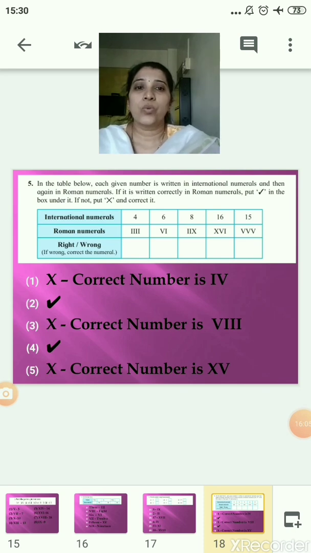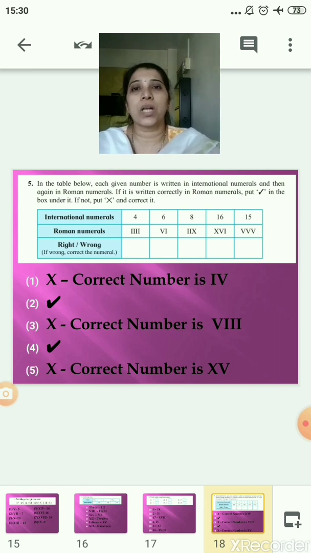Now let us move to the last question. In the table below, each given number is written in international numerals and then again in Roman numerals. Is it written correctly in Roman numerals? If it is written correctly in Roman numerals, put a tick mark in the box under it.